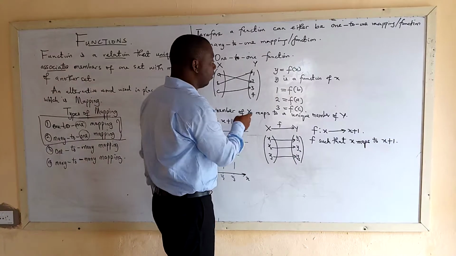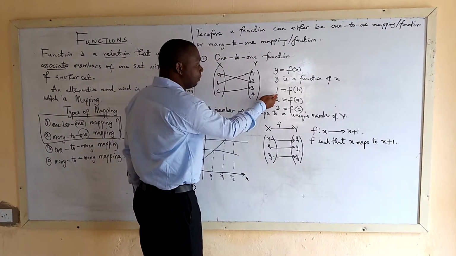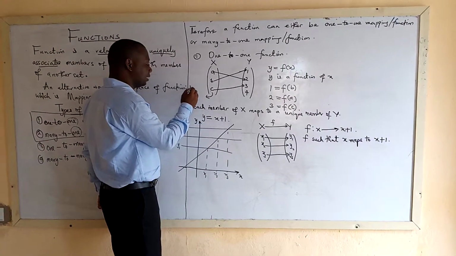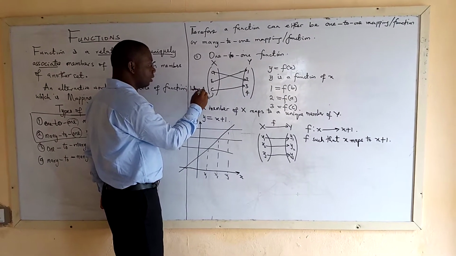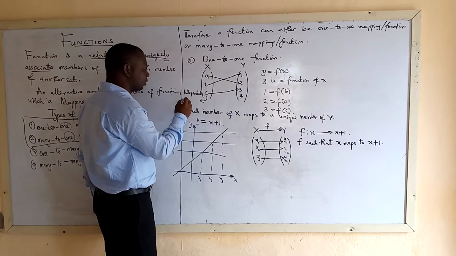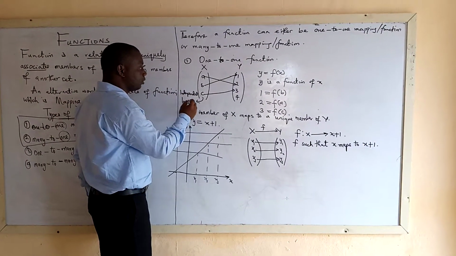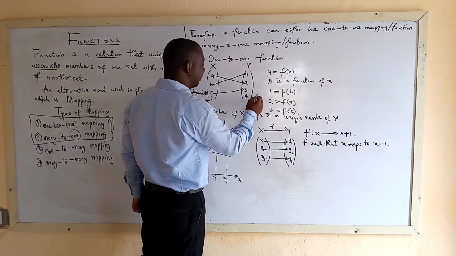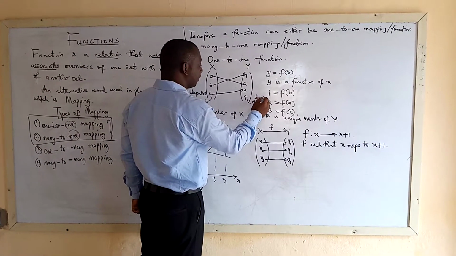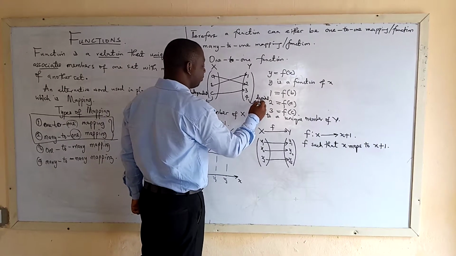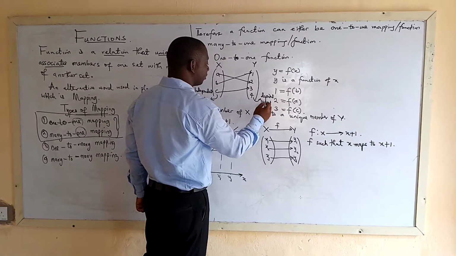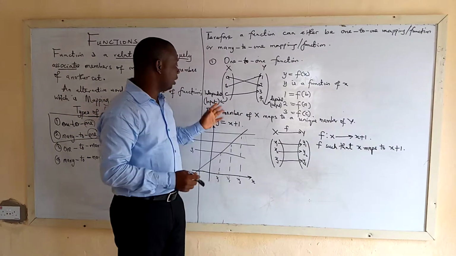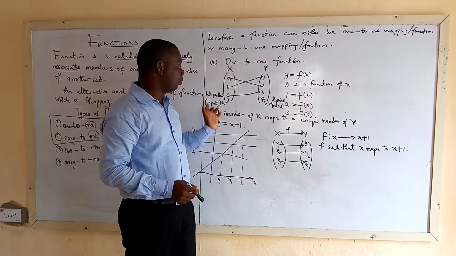Now, from here we know that all the ones here are independent, and they are the inputs, while all the ones here are dependent, and they are the outputs. This is the independent input, and this is the output.